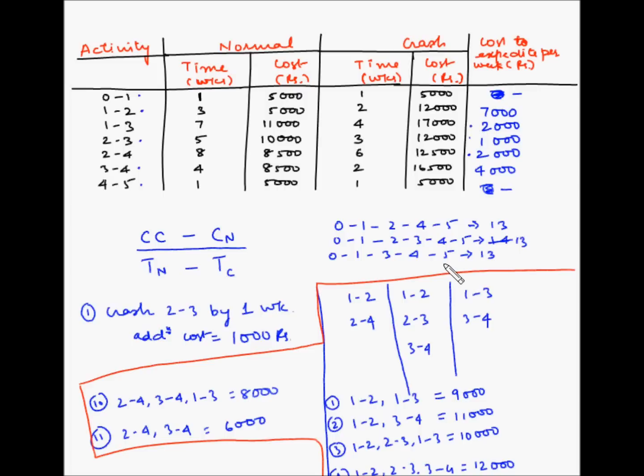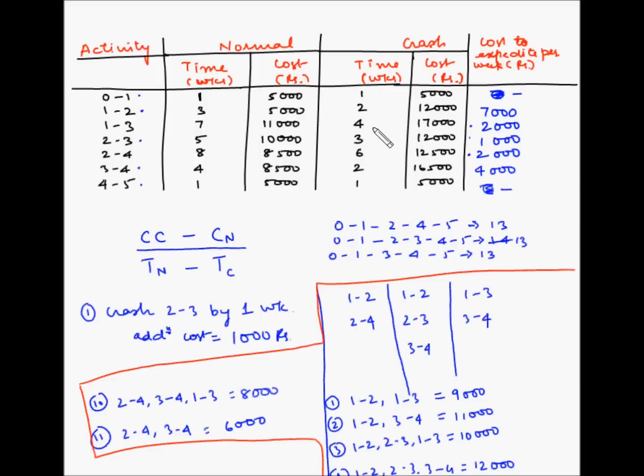Now we have to crash all the three activities because we have to crash all the three paths. So 1-3 is on the third path, 2-3 is on the second path, and 2-4 is on the first path. So we have to crash these three by the same duration so that all the three paths are crashed.